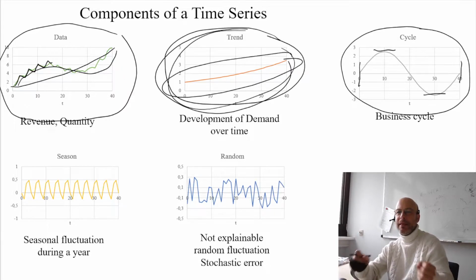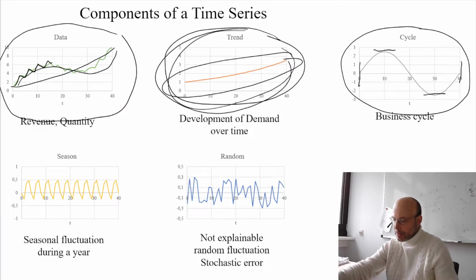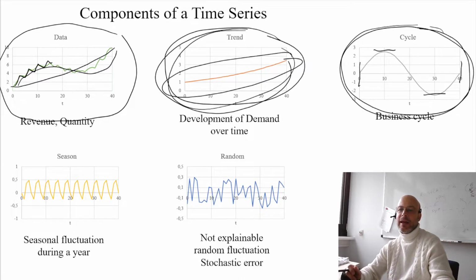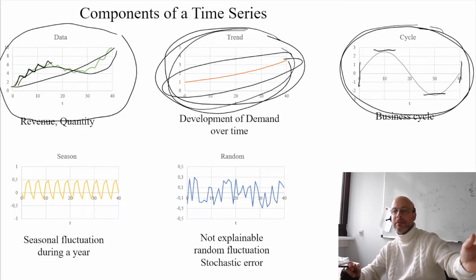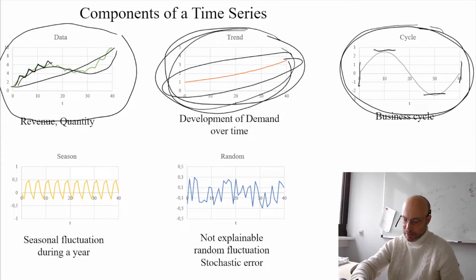And maybe, similar to this longer term cycle, we have some seasonality, which depends on some pattern within a year. And this we call a seasonal fluctuation.